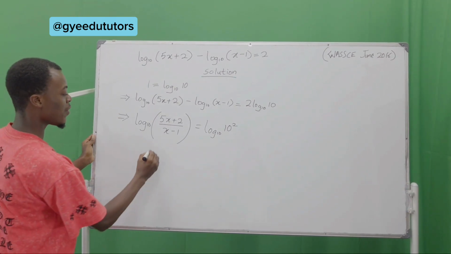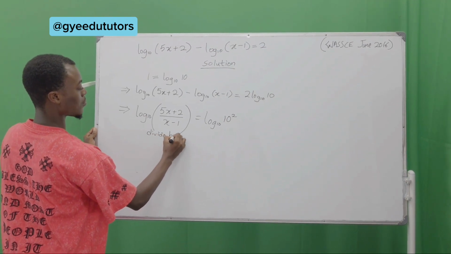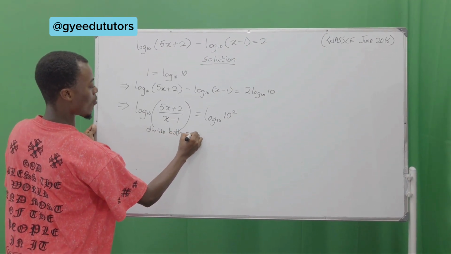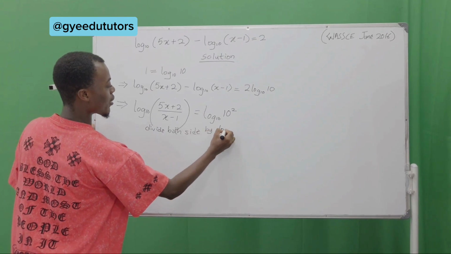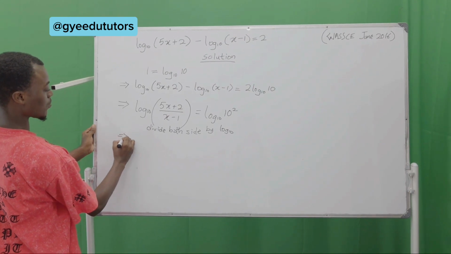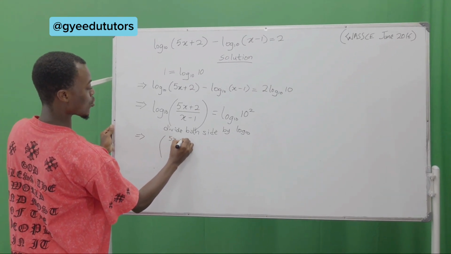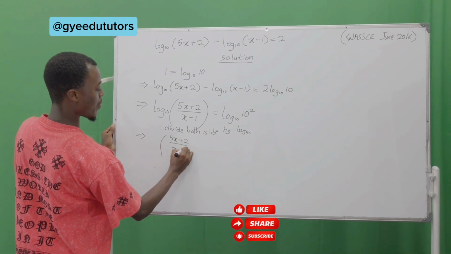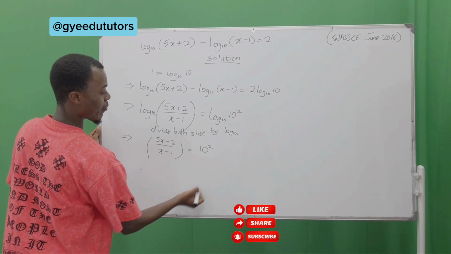So we can divide both sides by log 10. So now we have what? 5x plus 2 over x minus 1, which is equal to 10 squared.